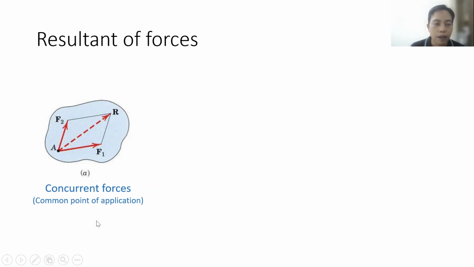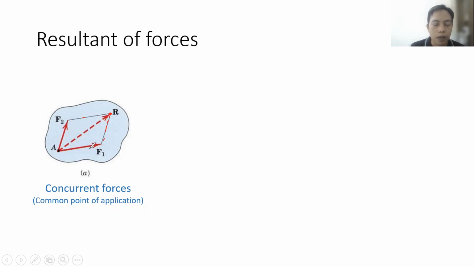Then to find the resultant, just apply the parallelogram rule. You draw the parallelogram, then take the resultant from the point of application to the intersection of the vectors of force F1 and F2, as shown in this figure.